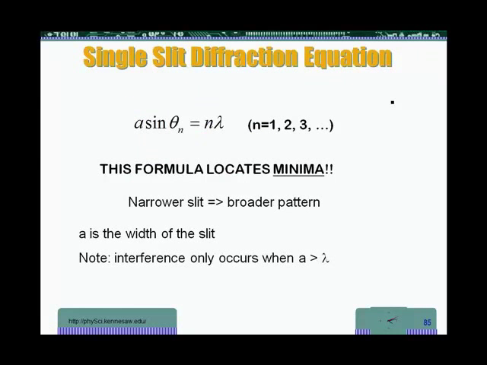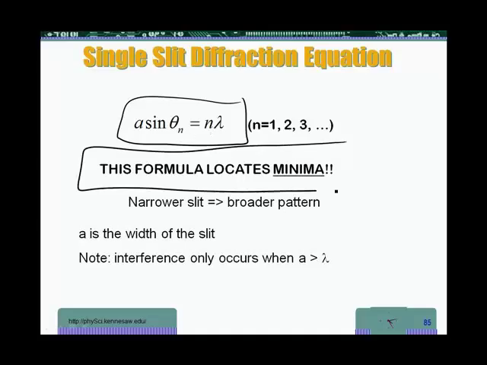Now, the equation in general we can write like we wrote the other equation. Notice the difference: instead of d, we have a, and n gives us the different orders. However, this formula is giving us the position for the minima, the positions where we have destructive interference, not constructive interference.